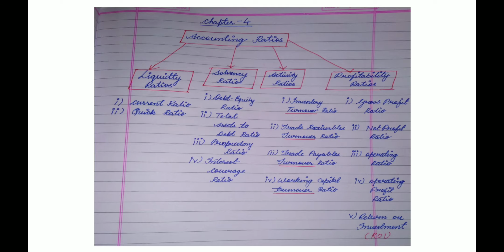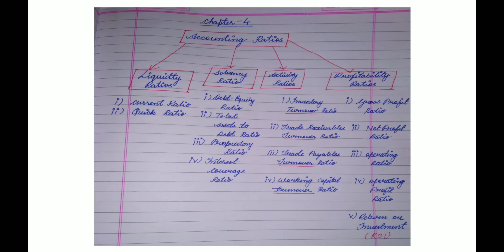Activity ratios are also called turnover ratios, as these are calculated either on the basis of cost of revenue from operations or revenue from operations, that is cost of sales or sales, as cost of revenue from operations is cost of sales and revenue from operations is sales.